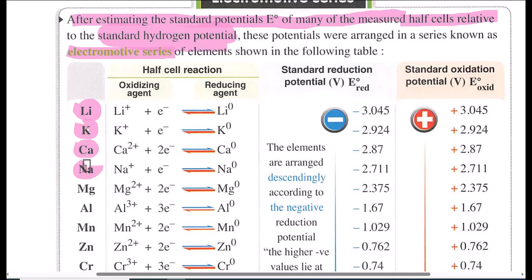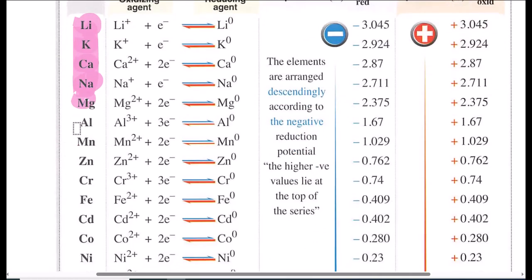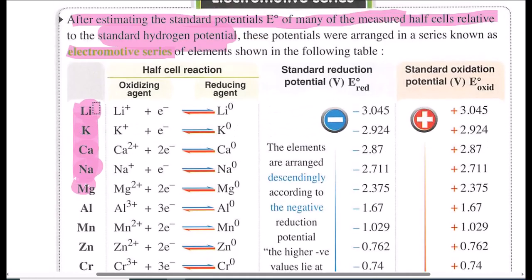Sodium is more active than magnesium, and so on. So the higher elements are more active than the lower elements, the more active element in the higher places, the less active element in the lower places.